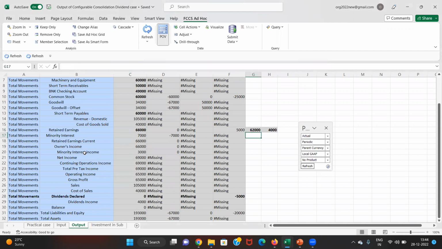Our dividend income is correctly getting rolled up, so we have a dividend income of 4,000, but we are getting a double dividend effect because the same 5,000 is not getting rolled up to the holding or to the C level. So we are getting another 4,000 impact, which is increasing our retained earnings by 4,000. Ideally it should have been 62, but now it is showing a balance of 66,000 in our retained earnings.